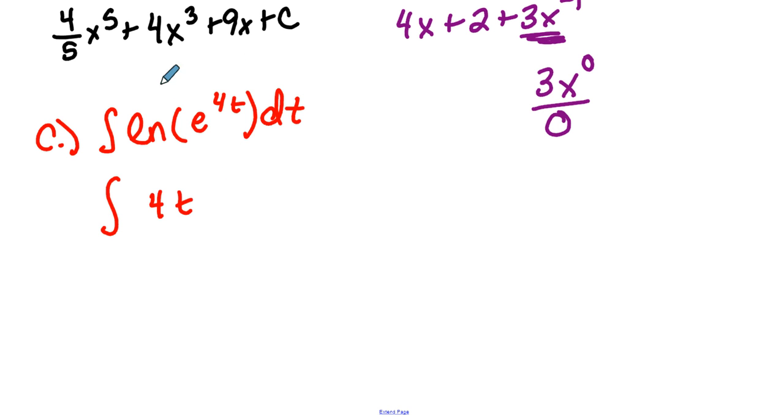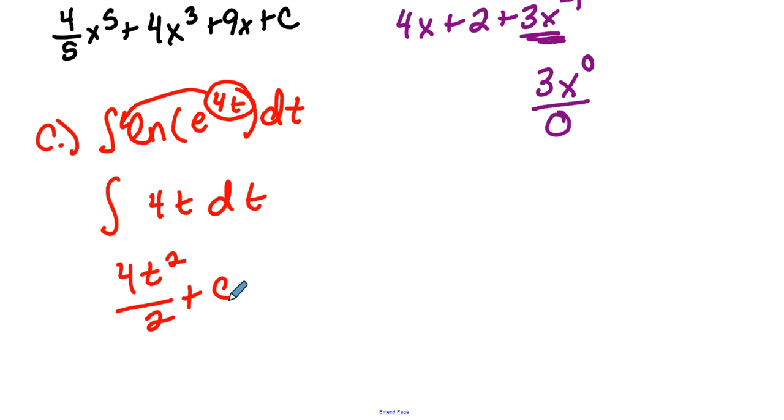Because this is an exponent on my argument, so it comes down in front. And the natural log of e is the same thing as log base e of e. That's why we work with natural logs. So therefore, it's just 4t dt. And so when I integrate that, it's 4t squared over 2 plus c, which is 2t squared plus c.